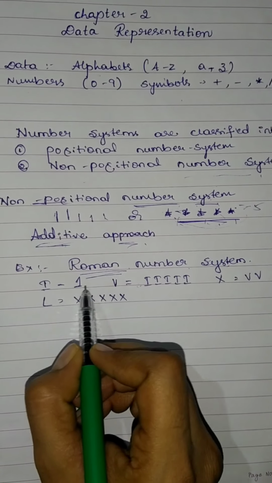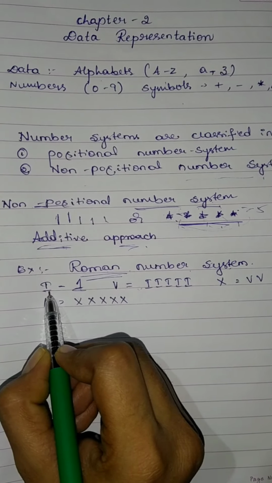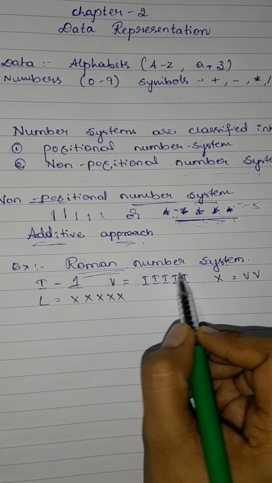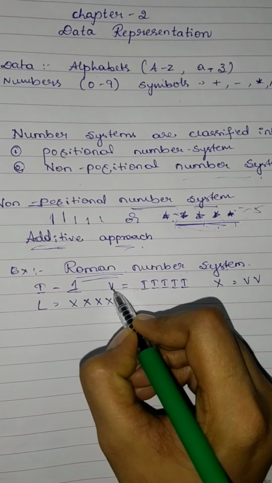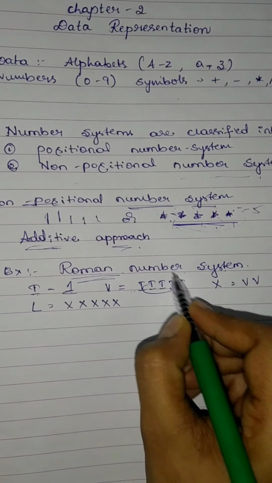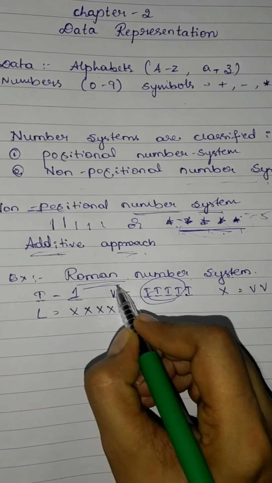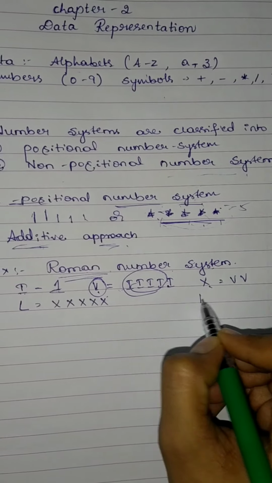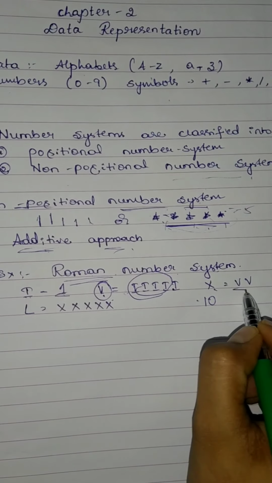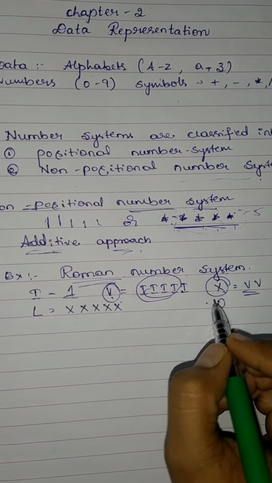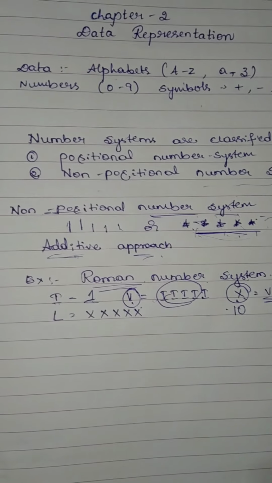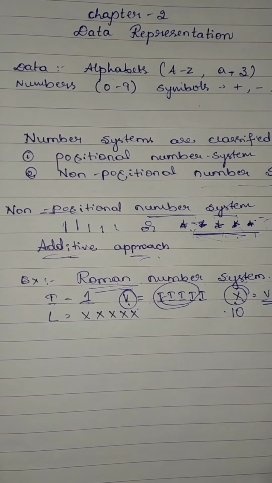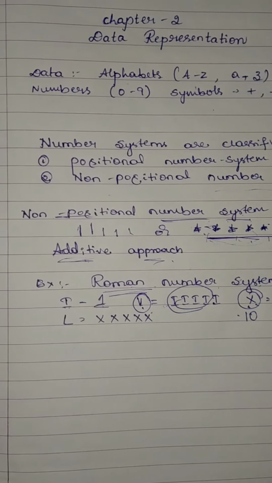Now if I want to represent 1, I can use this symbol. If I want to represent 5, instead of these values I can represent 5 as this symbol. If I want to represent 10, instead of these two values I can use X. So somehow it provides a partial solution to the representation of large numbers.